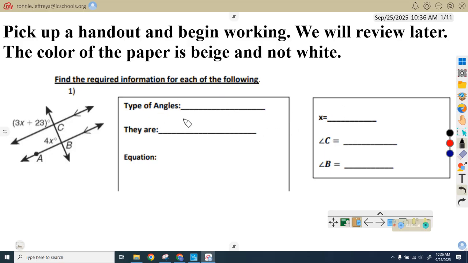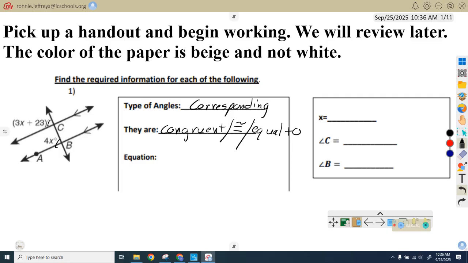All right, so we're doing a little practice on our angles. So we have to look here. These types of angles that's given here, these are corresponding. Okay, and from our notes yesterday, our corresponding angles, you could either write out congruent, you could put this symbol, that symbol means congruent, you could also say equal to.